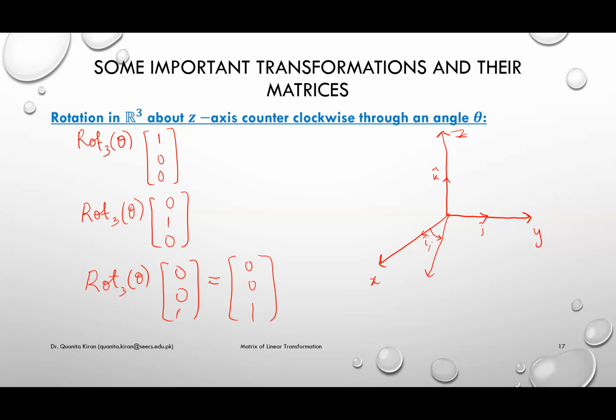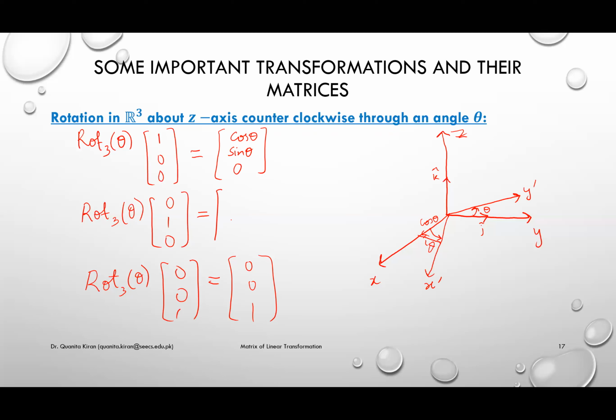Again, we do the same thing that we did in the rotation in R2, and this is our new coordinate system x prime and y prime after the rotation of angle theta. Again, this side is cos theta and this side is sine theta, so the components of this vector after transformation will be cos theta, sine theta, and 0.